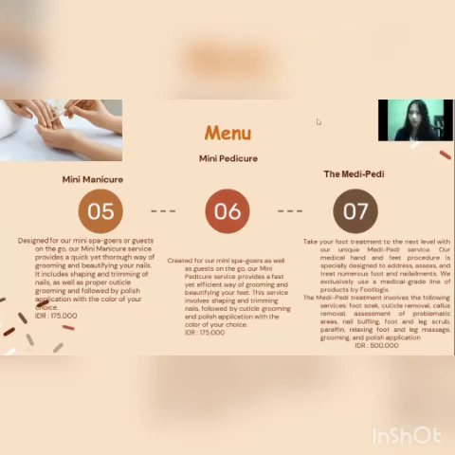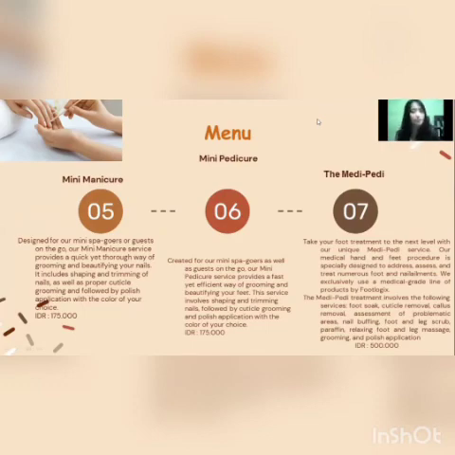Take your foot treatment to the next level with our unique mini pedi service. Our medical hand and feet procedure is specially designed to address, assess, and treat numerous foot and nail problems. We exclusively use a medical grade line of products by Foot Logic.